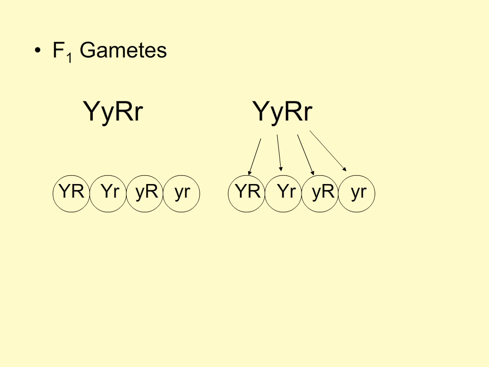Now we have to put those gametes in our Punnett square. How many squares do you think we will need? To determine this, you need to multiply the different number of gametes each parent can produce. 4 times 4 is 16. Let's put those gametes where they belong.